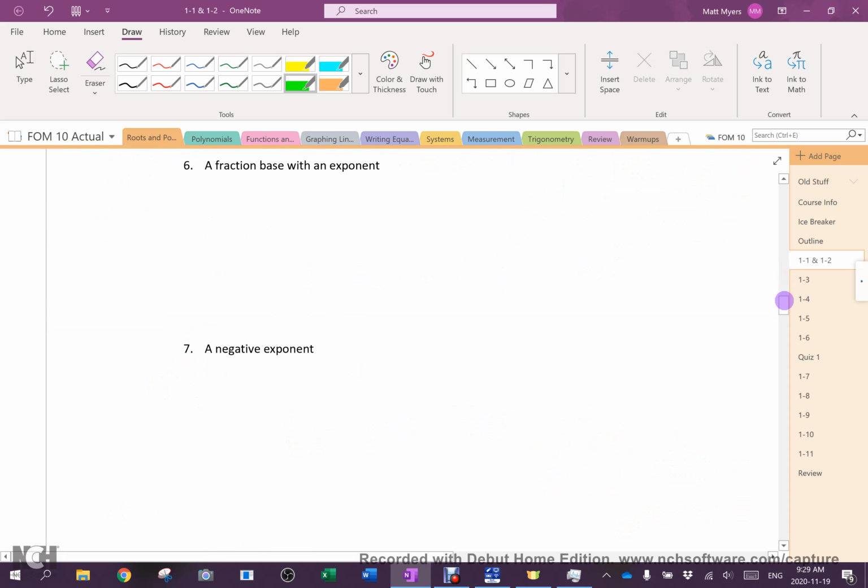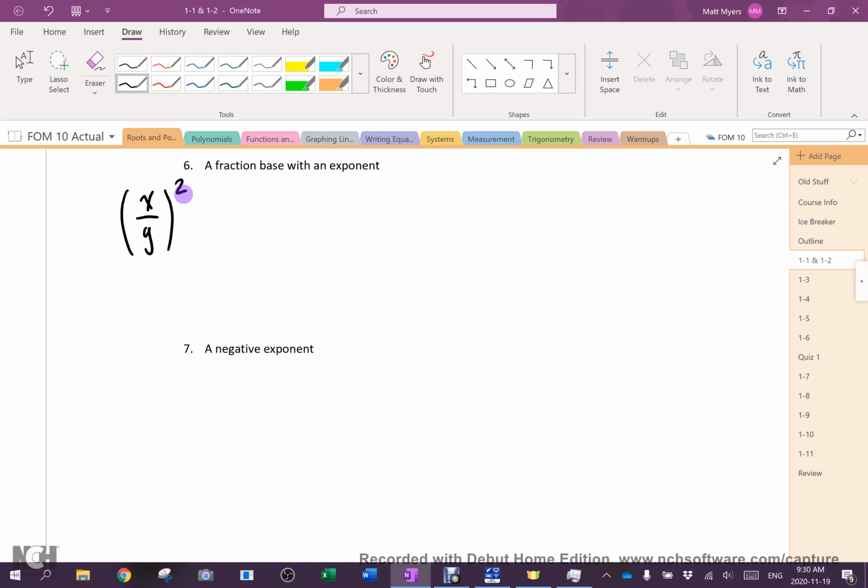Okay. A fraction base. We all know fractions scare us, but they don't need to. X over y squared. Now, is this anything to be frightened about? Because isn't multiplying pretty closely related to dividing? And aren't fractions just dividing?